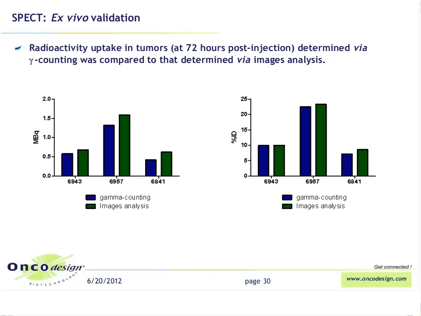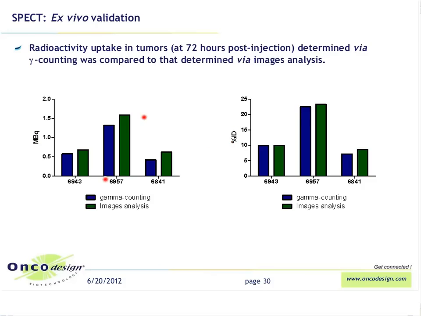Then biodistribution through organ collection and gamma counting was also performed in order to compare the image analysis in green and the gamma counting result in blue, expressed through two different analyses, raw data, megabecquerel per cell quantification, or % of injected dose.